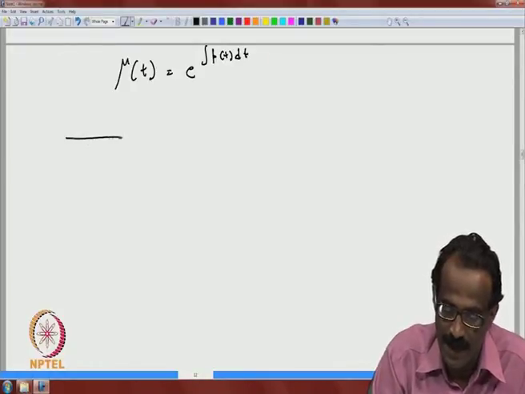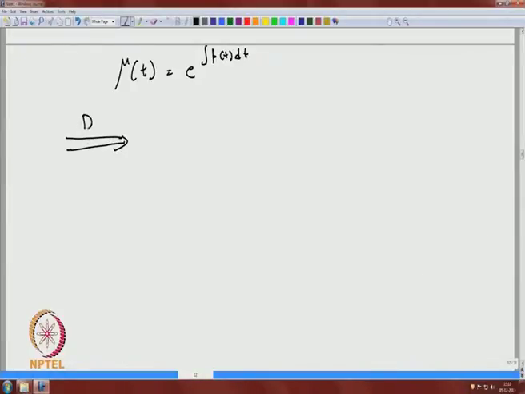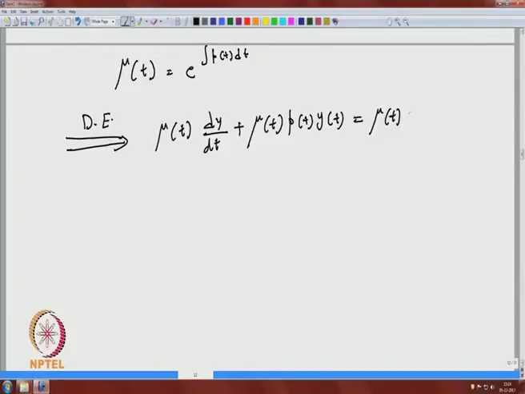and then our differential equation reduces to the first thing: you are multiplying mu t into dy by dt, plus mu t into pt yt, and you have to multiply the right hand side also, you should not forget it, mu t into qt. You see.